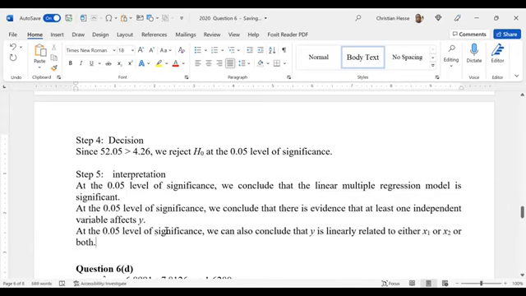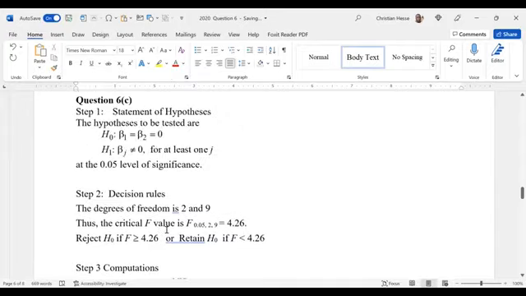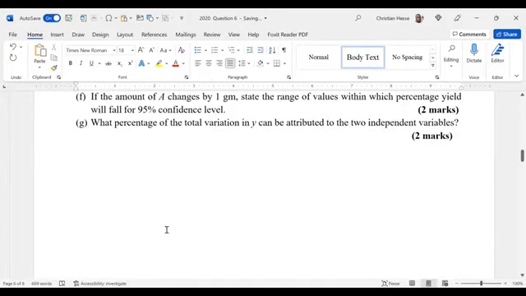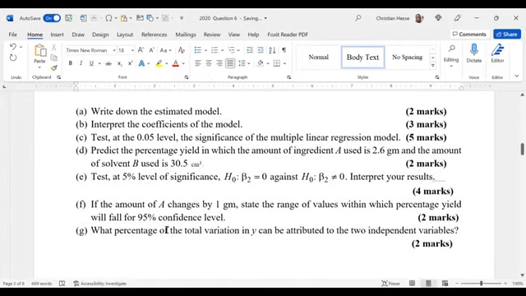Yes, sir. So we move to D. If it is clear, we move to D. What is D saying? Okay, so D is straightforward.